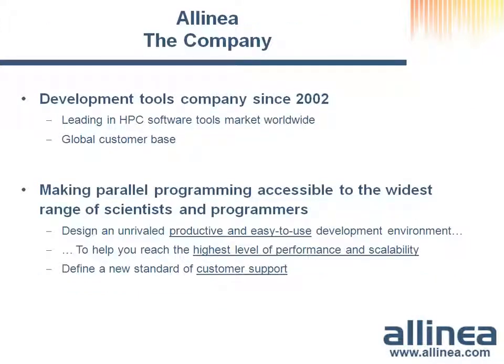Allinea is a company that has been created in 2002 to answer this kind of issues. We make parallel programming accessible to the widest range of scientists and programmers. To do so, we developed development tools that can help to reach the highest level of performance and scalability. In particular, we have designed Allinea DDT, which helps to fix the software at scale very quickly.